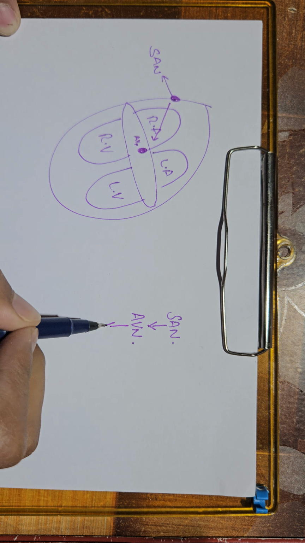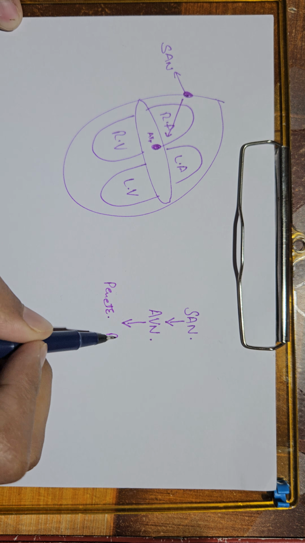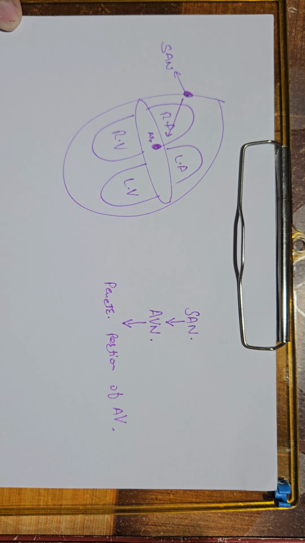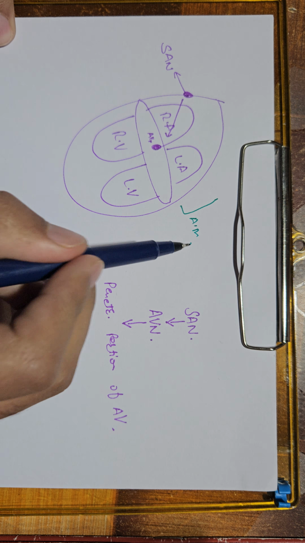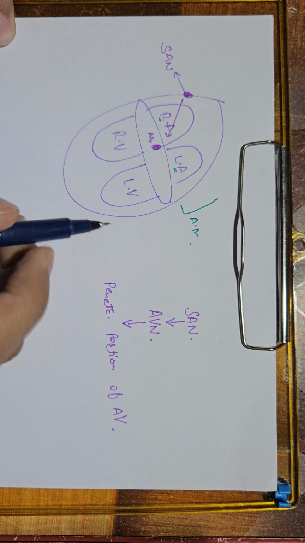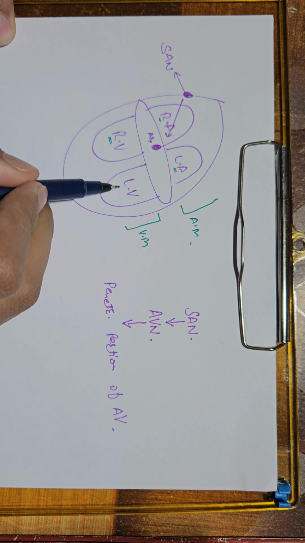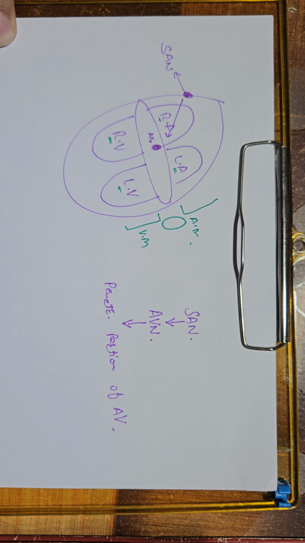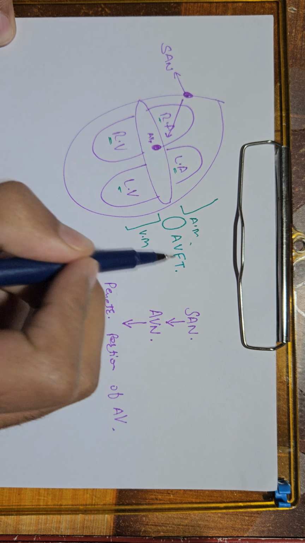From the atrioventricular node, impulses go to the penetrating portion of the AV bundle. What is this penetrating portion of the AV bundle? This right here is the atrial musculature, the left atrium and the right atrium, and this right here is the ventricular musculature, that is the right ventricle and the left ventricle. Between the atrial and ventricular musculatures is atrioventricular fibrous tissue, that's an insulator.